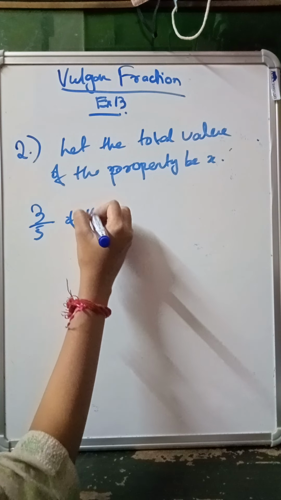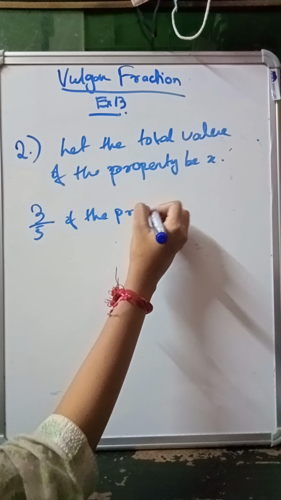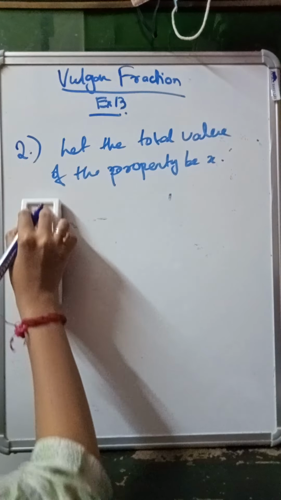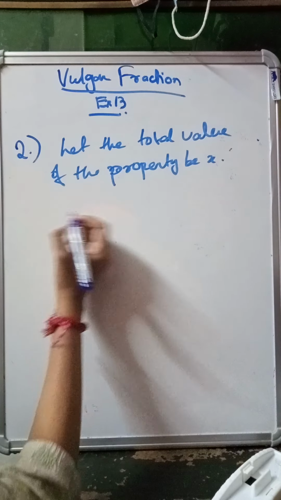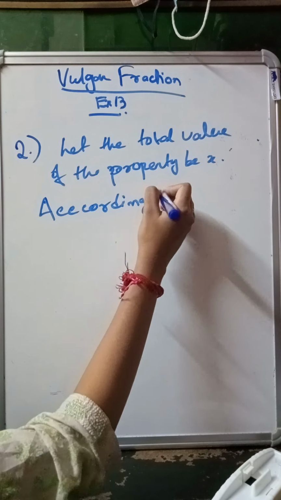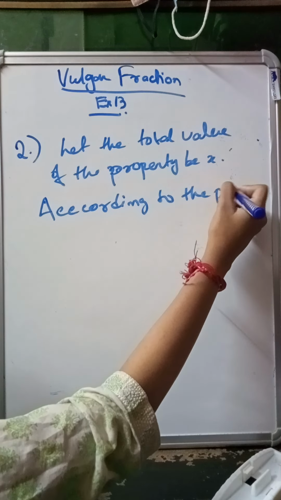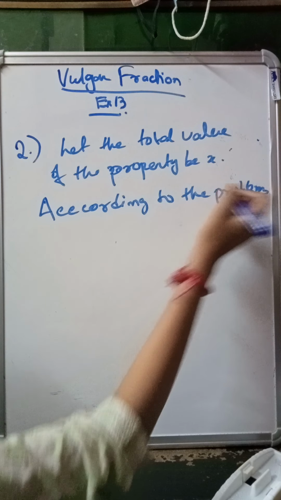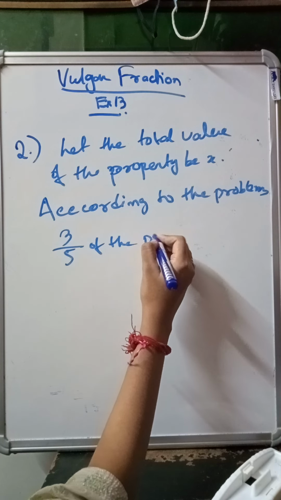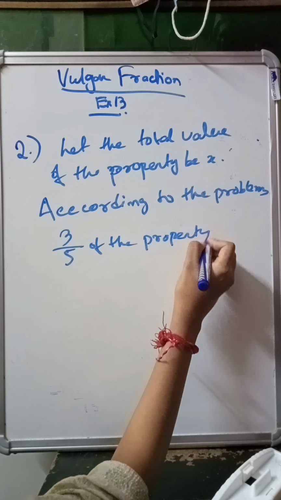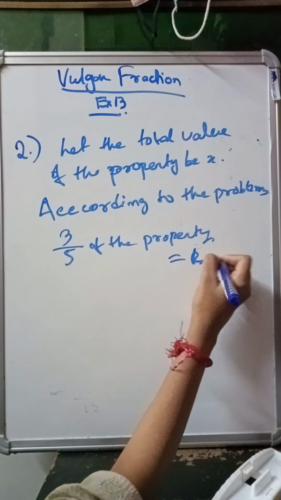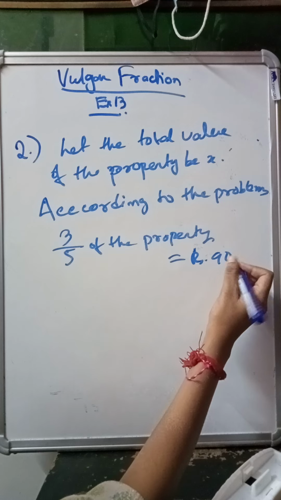3/5 of the property is how much? According to the problem, 3/5 of the property, the value is rupees 9,000.